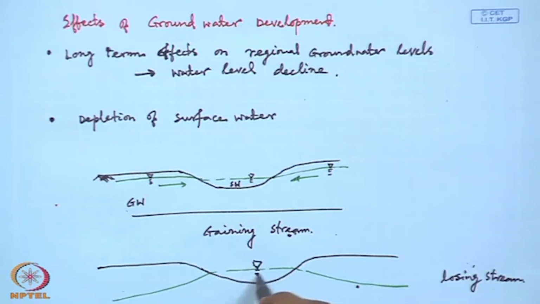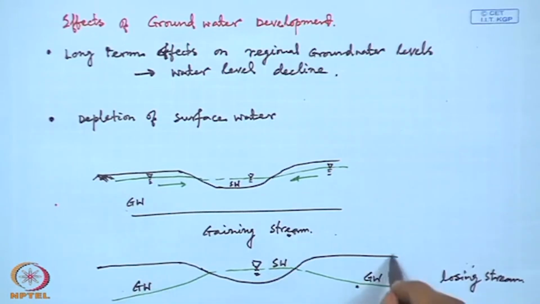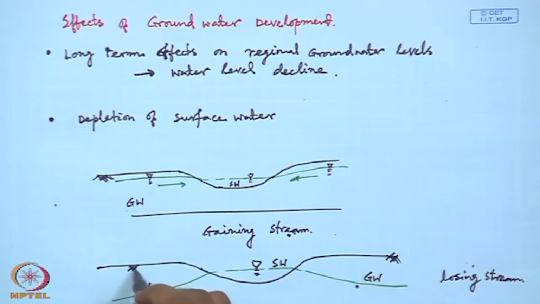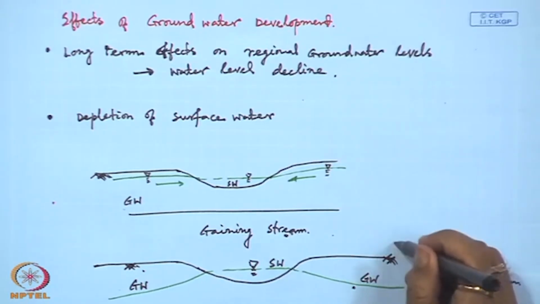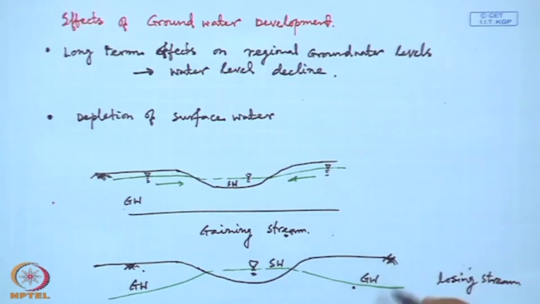So, this is surface water, this is groundwater level, and this is our ground surface. So, it is important that groundwater development can also lead to either losing or gaining stream. If there is too much pumping from the aquifer, then there will be depletion of groundwater and there will be losing stream situation in the aquifer region.